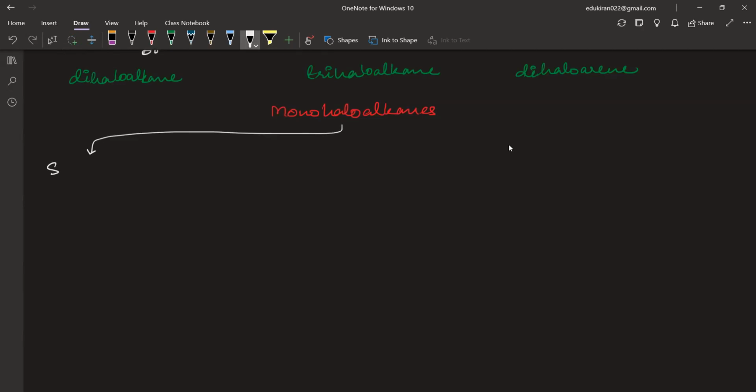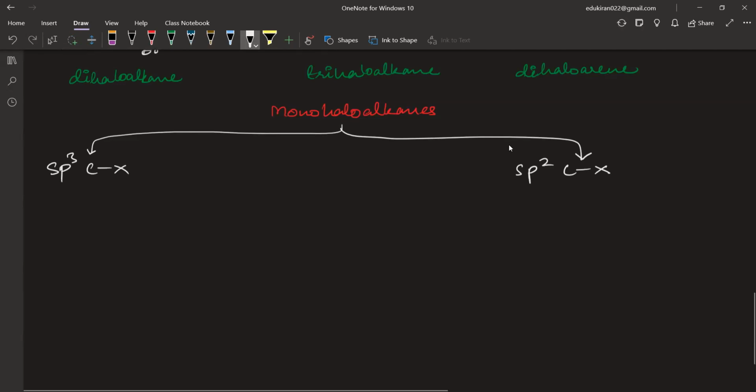The halogen atom which is attached to an sp3 hybridized carbon atom, and there are others which are attached to an sp2 hybridized carbon atom. Is this clear? Yes, there can be two types. Now raise your hand if you can't identify sp2 and sp3 carbon atoms. Okay, I think all of you can identify.